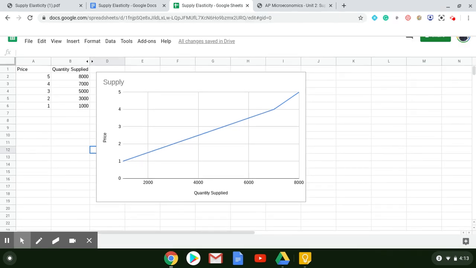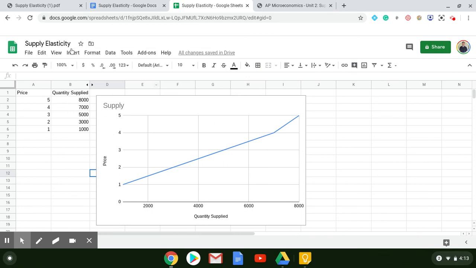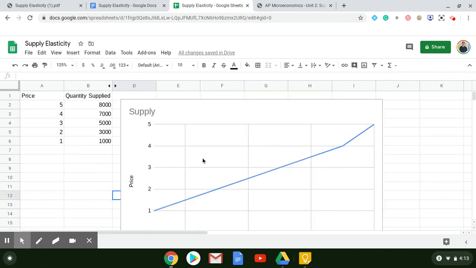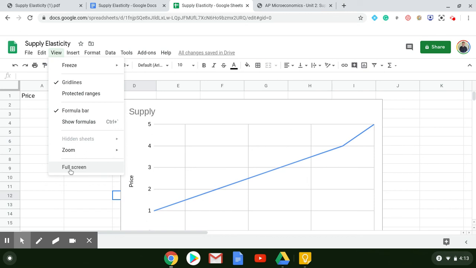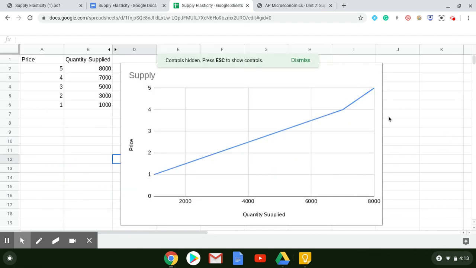As you guys can tell, it's an upward sloping graph. Just like price elasticity of demand, price elasticity of supply is not represented by the slope. It's a different calculation than slope. Okay, it's a percent change calculation. So just keep that in mind. No different than the demand.